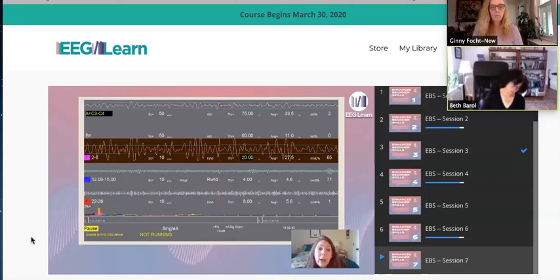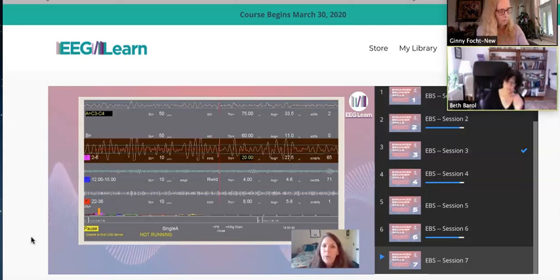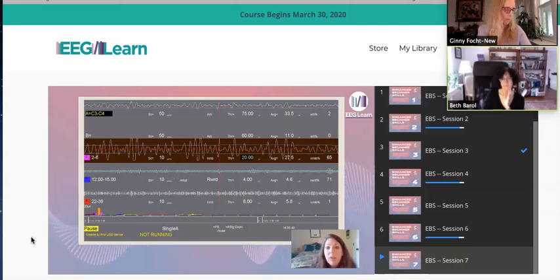So if we get a really big number in the filter bands, that means there's too much difference between what's happening left and right. If we get a really small number, that would mean there's not enough difference, or there's too much similarity between these two sites.